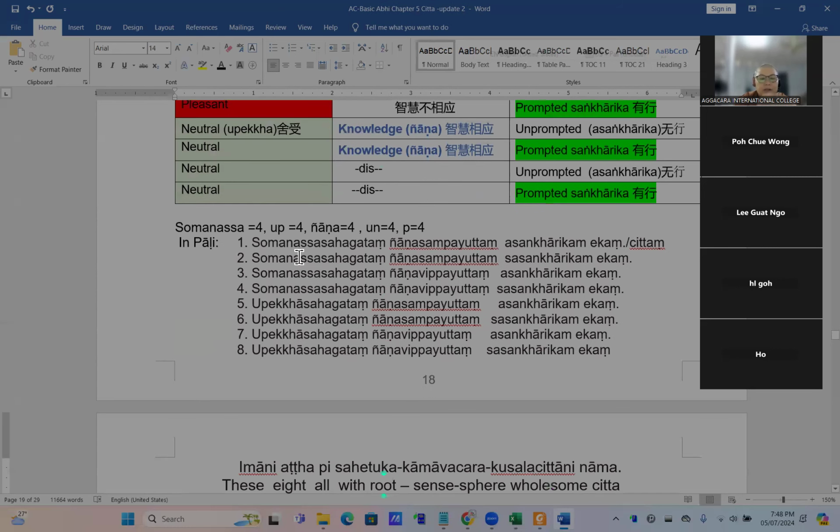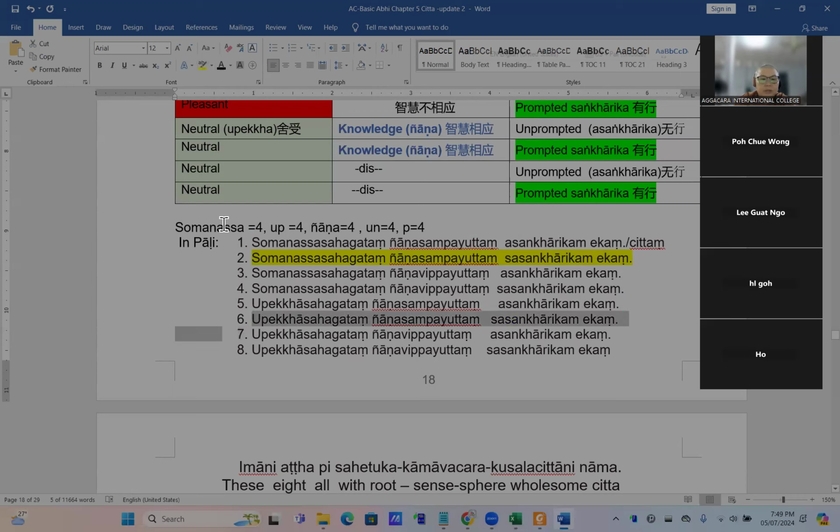So we go for pleasant. In Pali, it could be Somanasa and Upeka, either one. Jnana Sampayutta, right? Jnana Sampayutta and Sasankarika. So it will be number 2 and number 6.